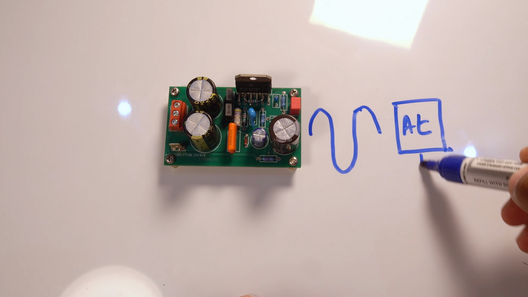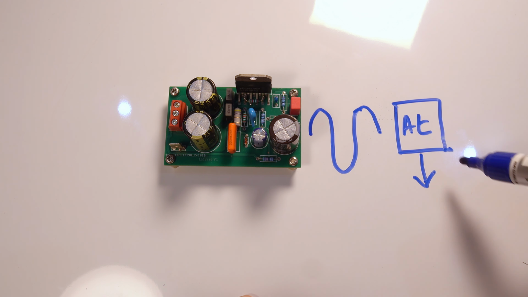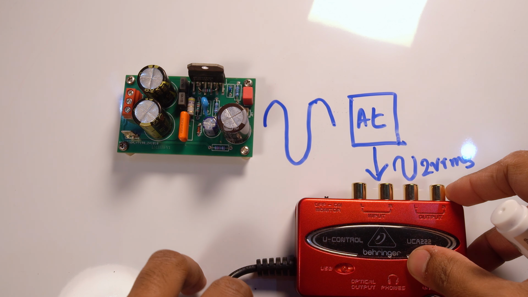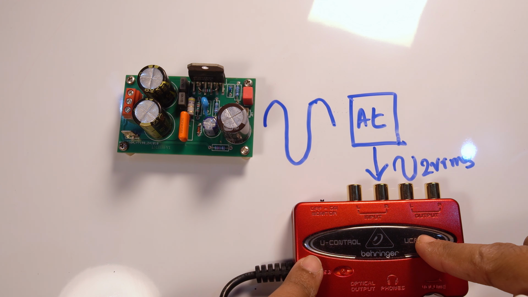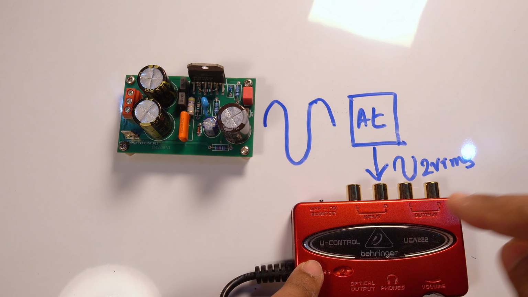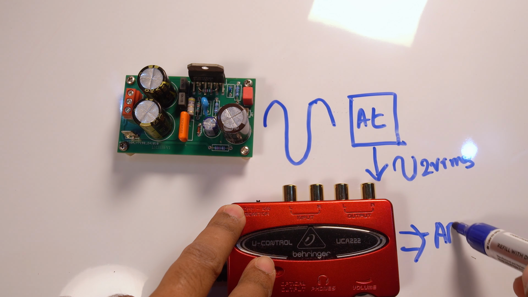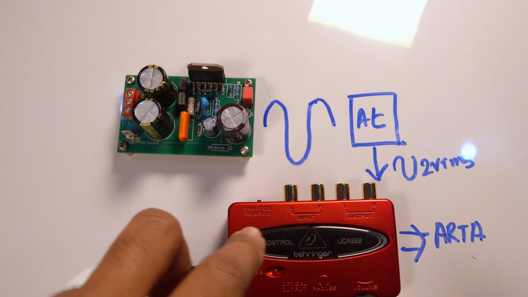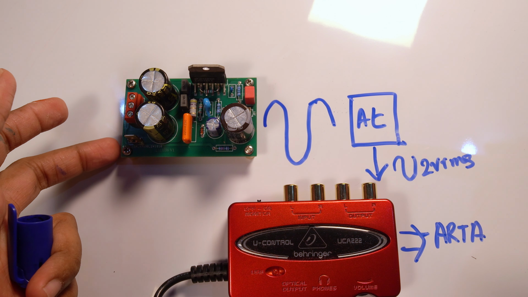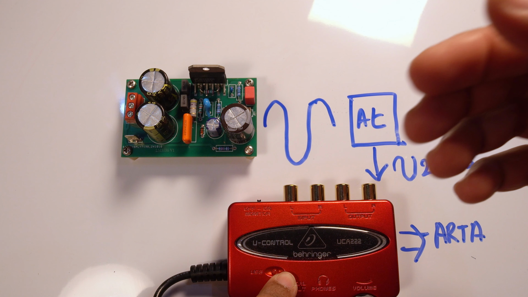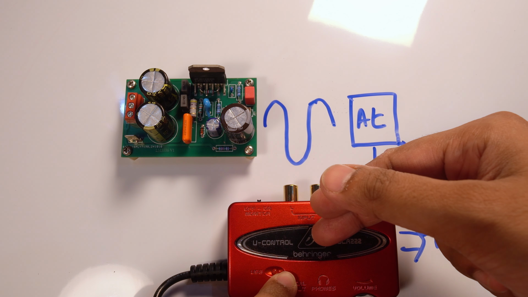And then this attenuator will pull the signal down to say 2 volt RMS, and then comes our sound card in here. This is a 16-bit sound card, and this will feed that signal to our ARTA software, which has the THD math functions and all, which will directly give you the THD value. This is a 16-bit, can measure very, very low distortion figures.